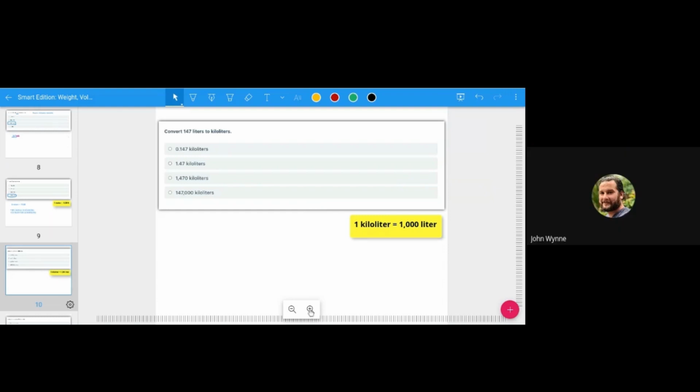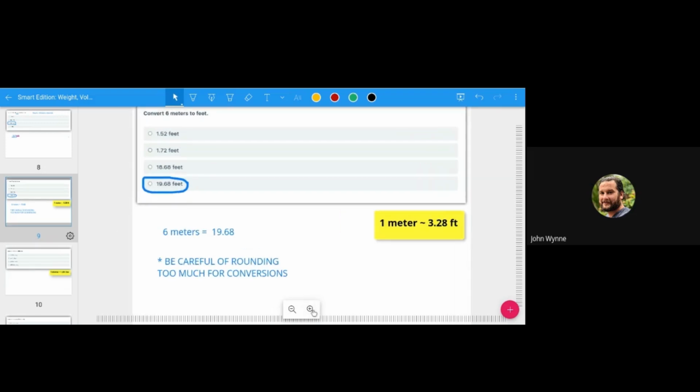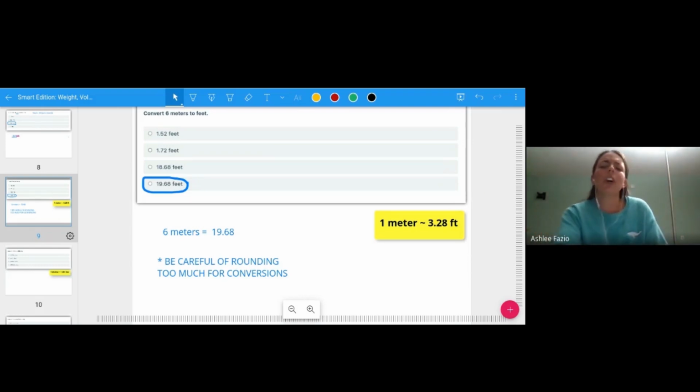And let me ask you, Ashley, Nice Guy Bry is asking, when would it be too much rounding? Good question. If we know this is one of the conversions that we had here, this is just a perfect example. If we know this is 3.28 and we just rounded to 3, we're really cutting off quite a bit in relation to how big it is.